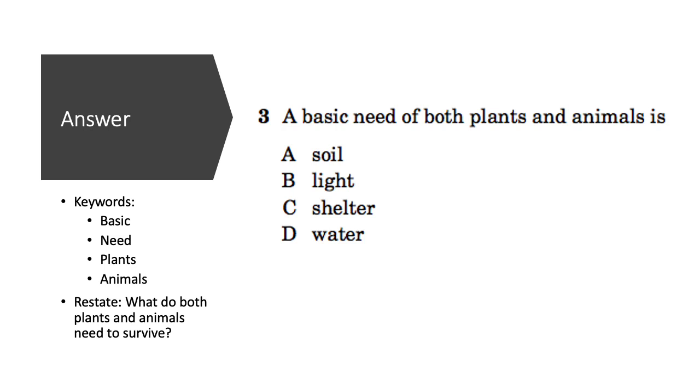What do both plants and animals need to survive? I have need, and I replaced basic with survive. Surviving is just the basic form of living, so I put my own twist on the question while still keeping the meaning the same. Head on to guided practice number 2.